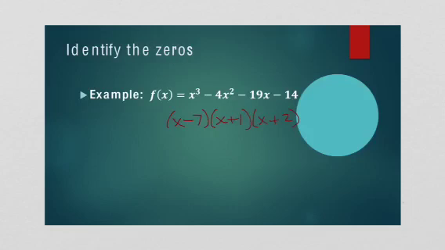And that's this function in factored form. Like I said, we will show you in class how to use your calculator to factor the equation. Setting everything equal to 0 and solving, I should get x equals 7, negative 1, and negative 2. Once I get the equation in factored form, it's exactly like the previous examples.